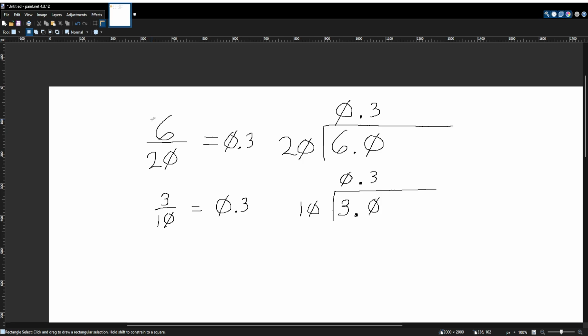Well, I like to look at this as finding shared factors between the numerator and the denominator.